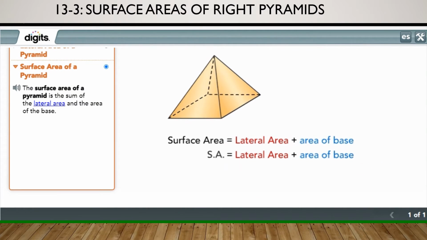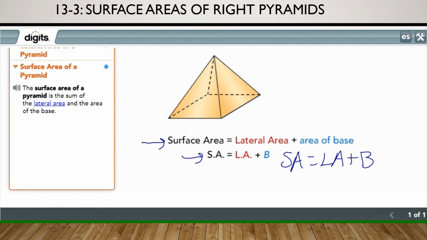Or SA equals LA plus B. Go ahead and write this under the word form. Write this under the variable form. You can write it just as SA equals LA plus, remember, capital B.